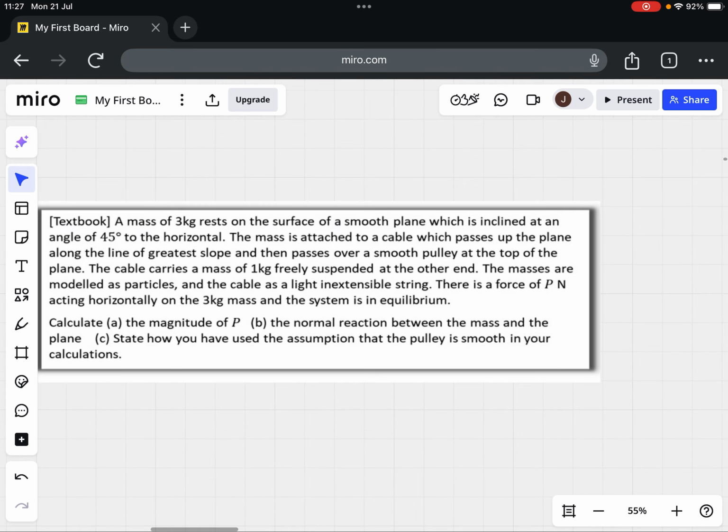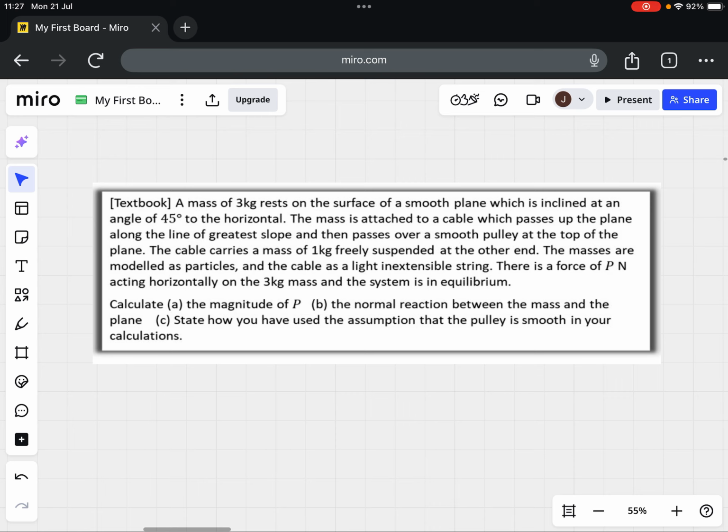We're going to have a go at another one now where we've got a big block of text. We're going to try and work out exactly what it looks like. So we've got a mass of 3 kilograms that rests on the surface of a smooth plane inclined at 45 degrees.